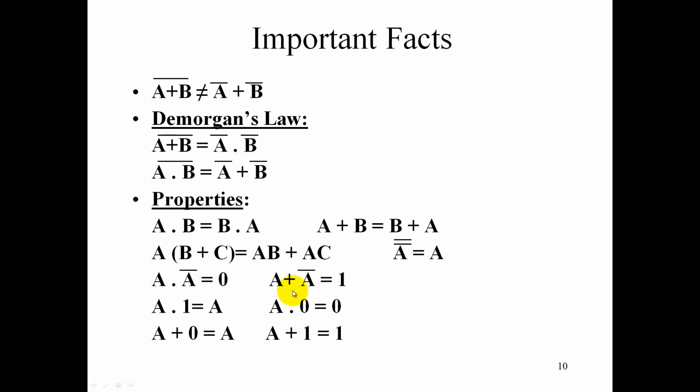The same could be said about any input for A. For A or not A, it has to be 1 because one of them will be 1. A and 1 will always be whatever A is, and A and 0 will always be 0 since 0 is within the AND statement. A or 0 is equal to A, and A or 1 is equal to 1.